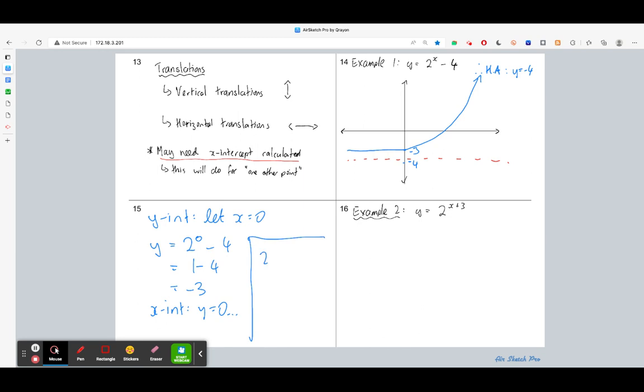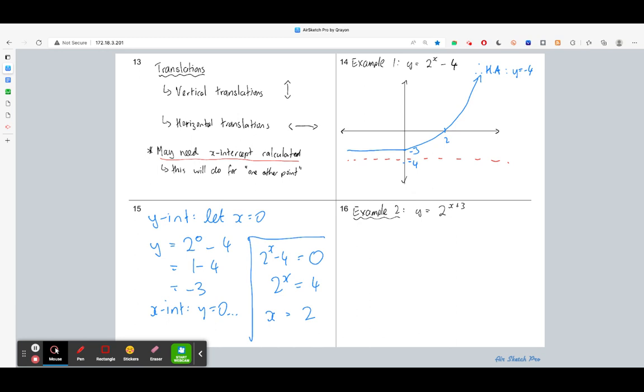So we've got 2 to the power of x minus 4 is equal to 0, which means that 2 to the power of x equals 4, which means that x must be equal to 2 because 2 squared equals 4. And so I can go back to my graph and label that with 2. And that will work for my one other point as well. It gives me the scale in my diagram that I need. So I'm good to go.